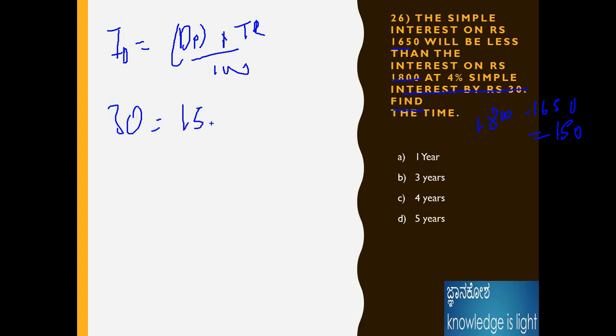So 150 into 4 into T divided by 100, where T is the time. Therefore, if I calculate, the zeros cancel, 3 and 5, therefore T is equal to 5.